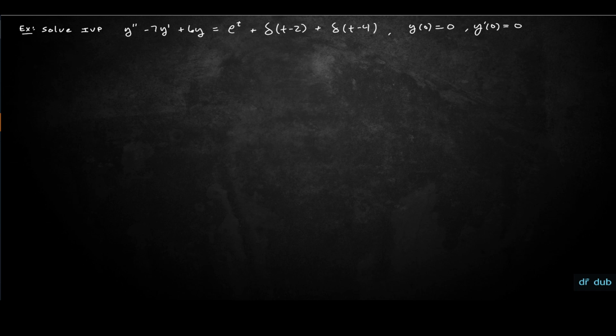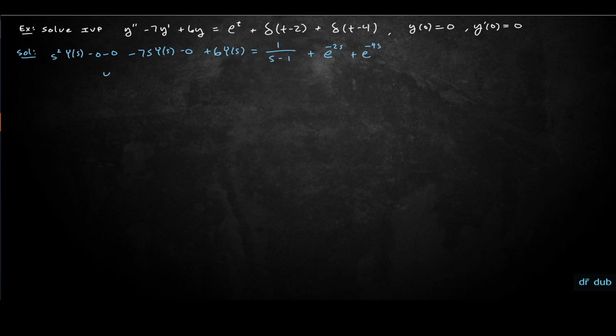So it's always nice when your initial conditions are 0 because you don't really have to subtract anything. So let's do it. s squared capital Y of s minus 0 minus 0 minus 7 s capital Y of s minus 0 plus 6 capital Y of s equals 1 over s minus 1 plus e to the negative 2s plus e to the negative 4s.